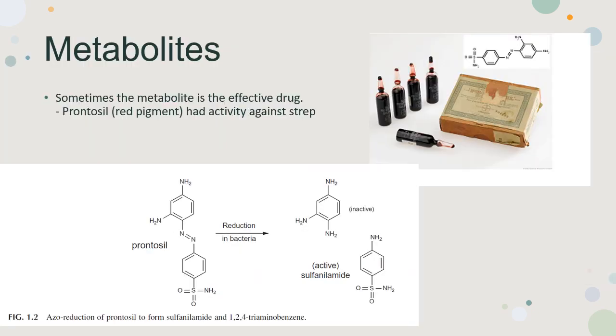So then it talks about metabolites and clearance. So this will just give you an idea of things that come up. One of the first antibiotics was something called Prontosil, and that was basically a red dye used in textiles and fabrics. And they found that sure enough, you could give this to mice, and they would be protected against strep.